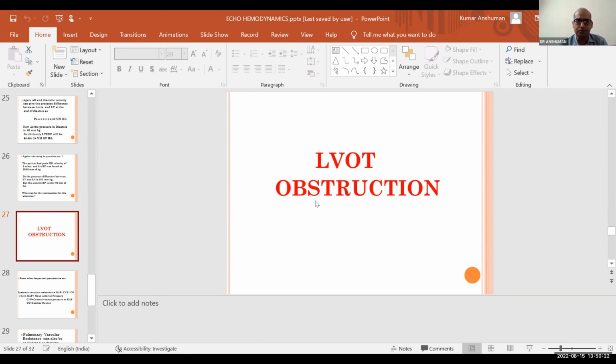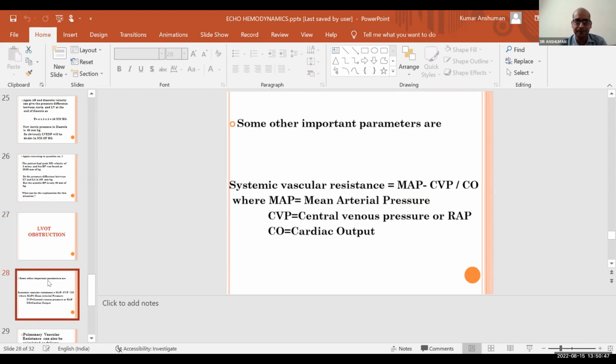So to make your diagnosis a bit more precise, you apply this Bernoulli's equation and suspect that there must be some obstruction to the LVOT. We should measure it, and we should go for a TEE to ascertain whether there is an LVOT obstruction or not. So this is another use of the Bernoulli's equation.